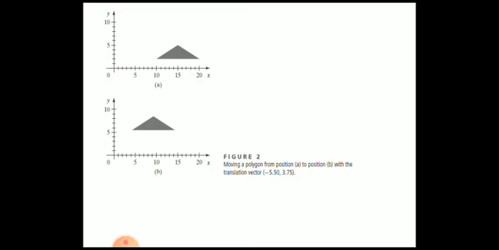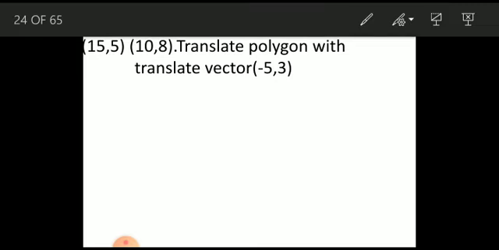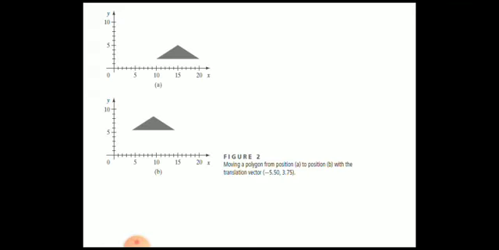This is achieved simply by adding the translation factors, that is, tx is equal to minus 5.50, ty is equal to 3.75, to all the points of the polygon that is shown in figure A.